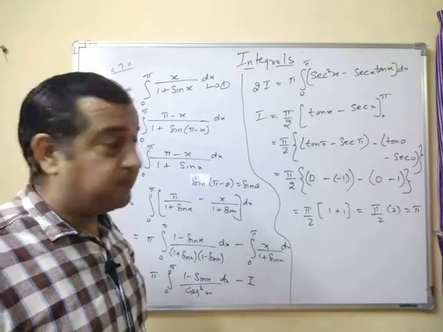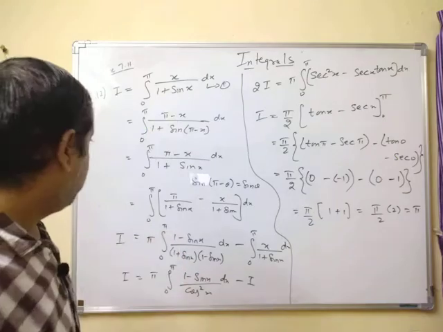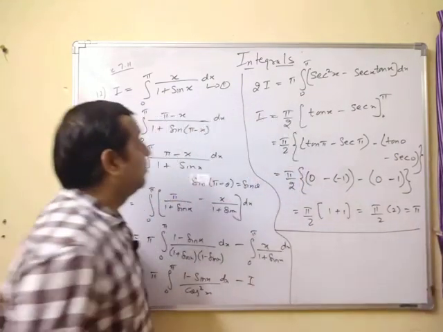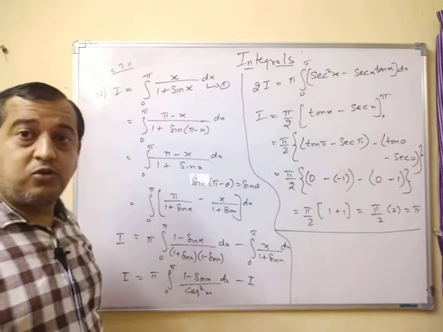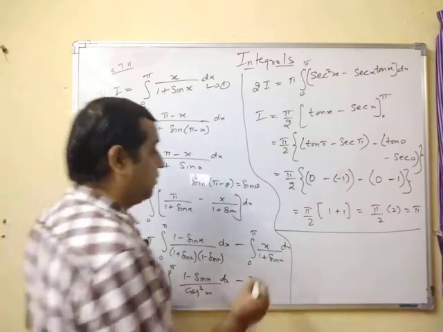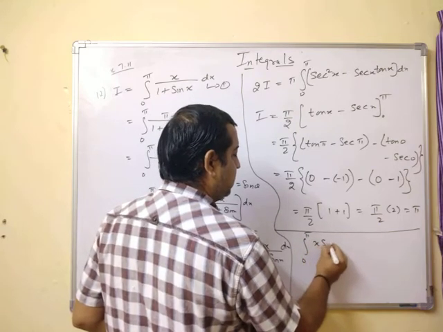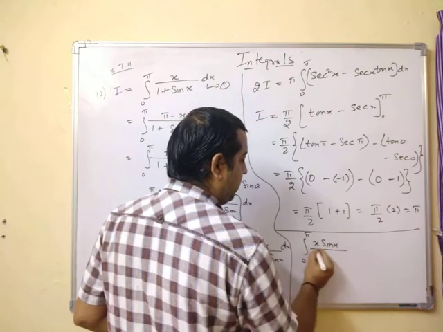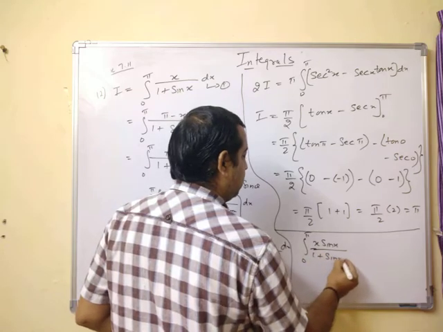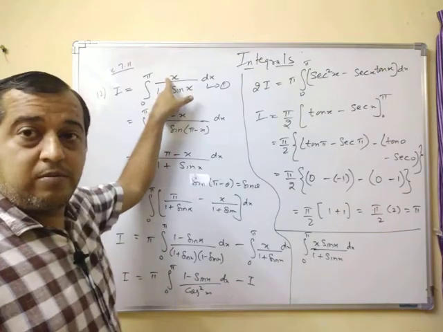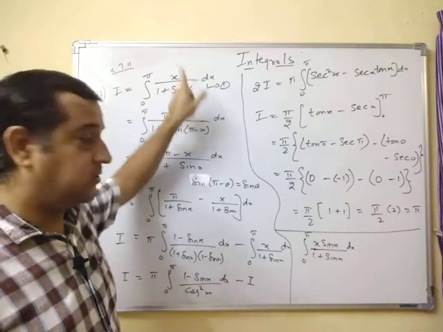Now see, based on this, what sort of problems you can get? You can get this problem: integral from 0 to pi x sin x upon 1 plus sin x. Same problem, but you will have an additional term sin x here.